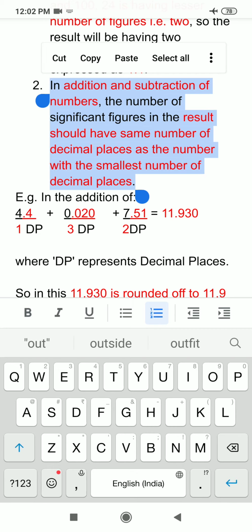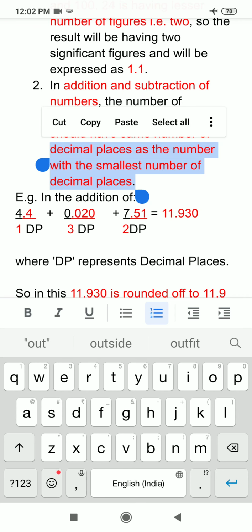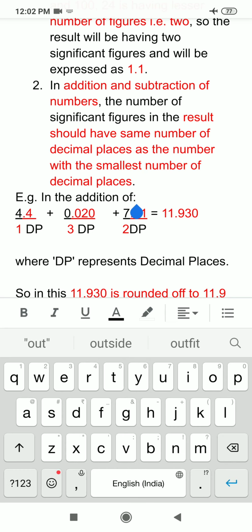What I am saying is that in case of addition and subtraction, the result should have the same number of decimal places. Here I am not saying smallest number of significant figures, but I am saying the result should have the same number of decimal places as the number with the smallest number of decimal places. To clarify this, I am taking an example.